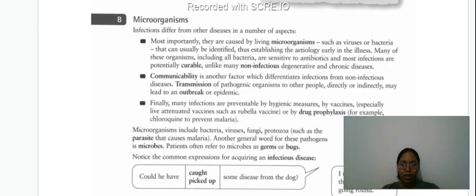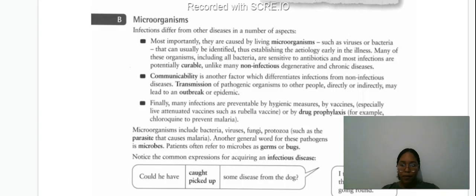Transmission of pathogenic organisms to other people directly or indirectly may lead to an outbreak or epidemic. Finally, many infections are preventable by hygienic measures, by vaccines, or by drug prophylaxis. Microorganisms include bacteria, viruses, fungi, and protozoa, and another general word for these pathogens is microbes.